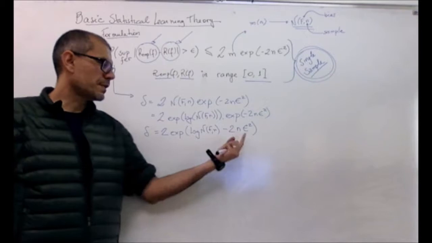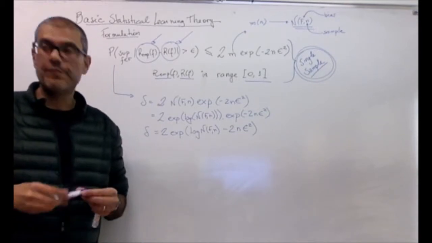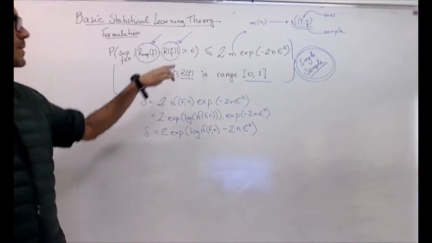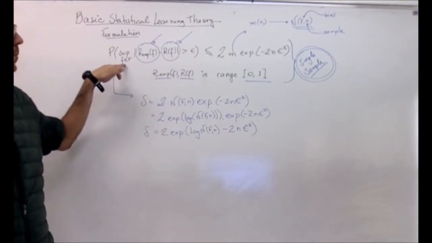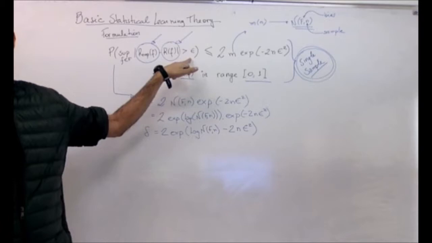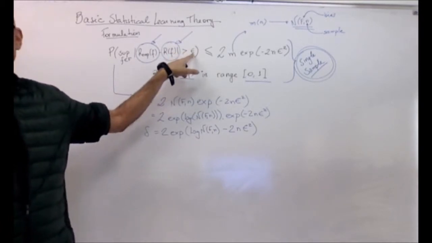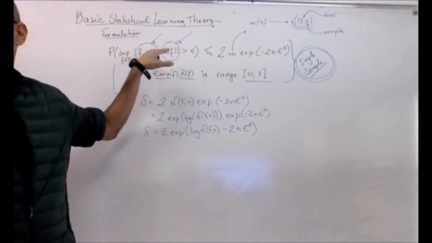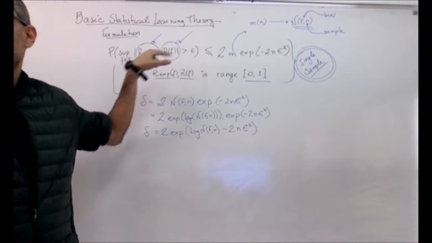I will try to isolate epsilon, and that was something that Vapnik did, because after having that epsilon, I could use this inner part of my probability. I could apply my epsilon here and see how it's useful to understand the differences, or the divergences, between both risks.